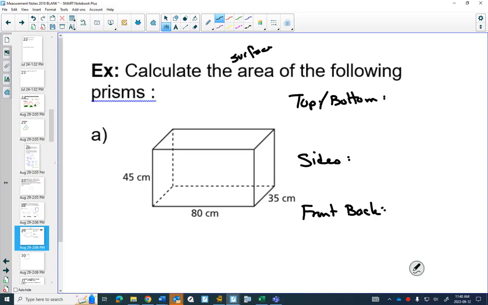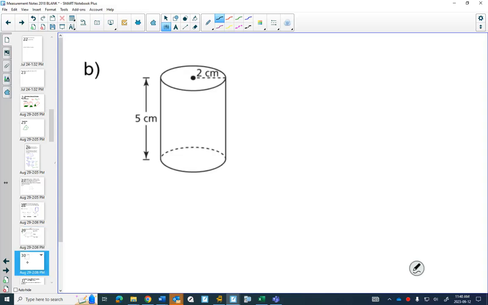And then you will also, let's do the setup for the cylinder as well.